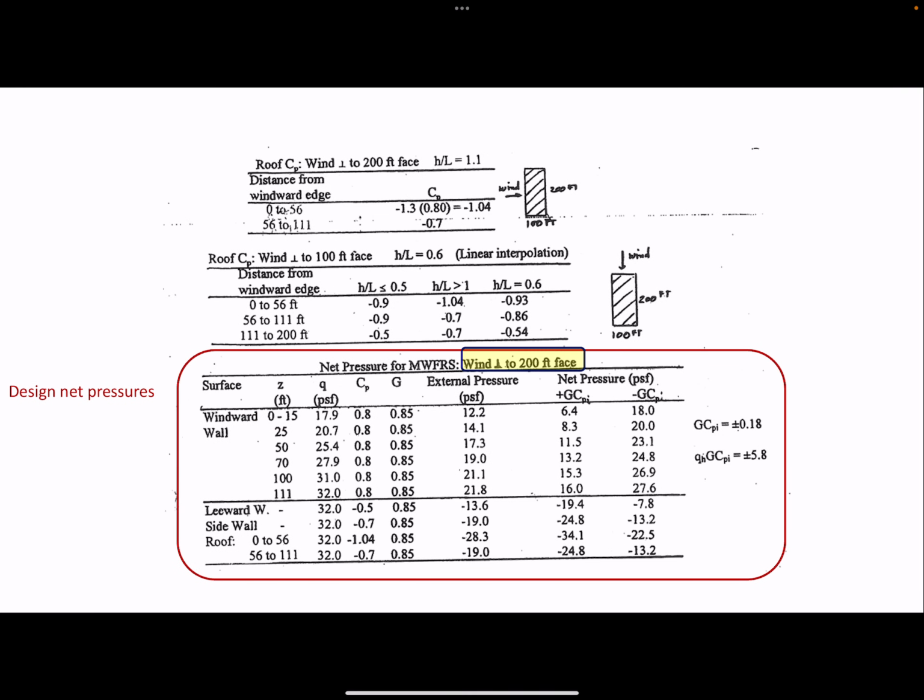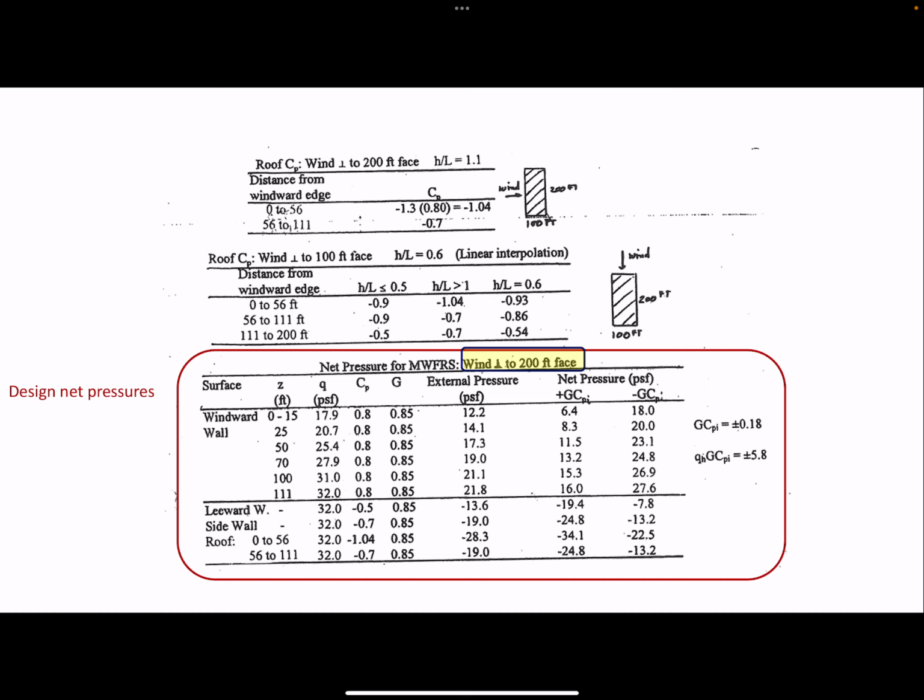The way this table is set up, we've got the Z coordinate, which is the variable distance along the height of the building. Your Q associated with that is the velocity pressure, not coefficient. And then CP is your external pressure coefficient, right? So for the windward walls, just 0.8, and then for the other walls, we've got what we just determined and talked about.